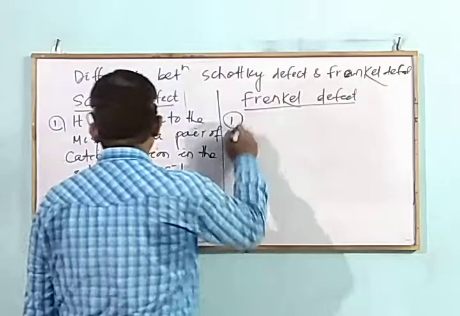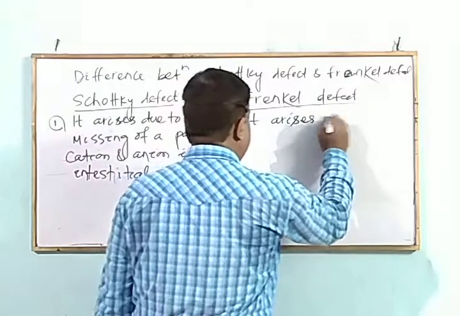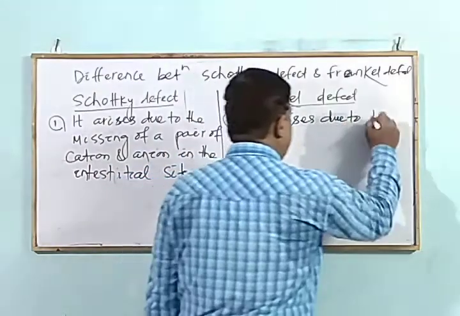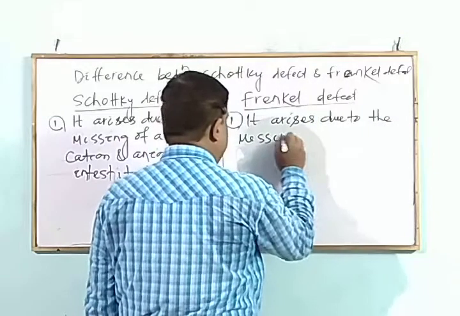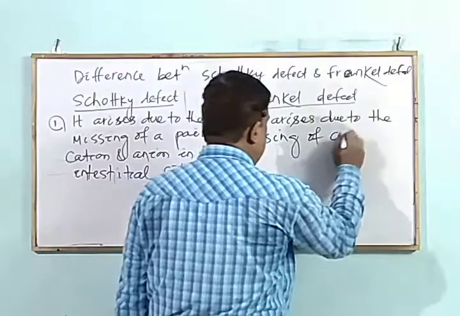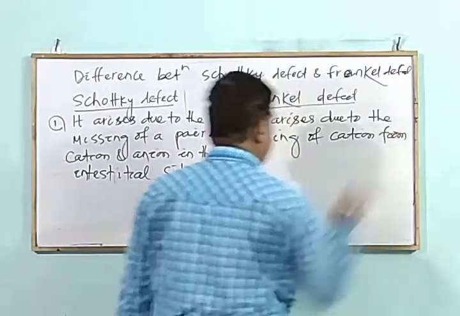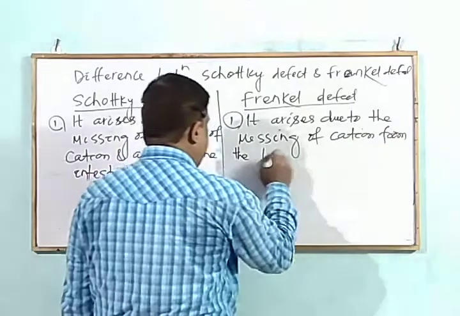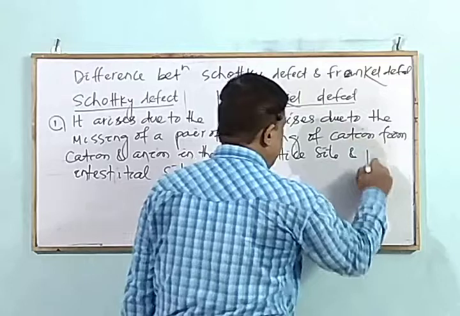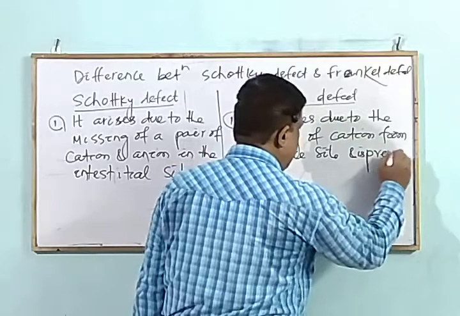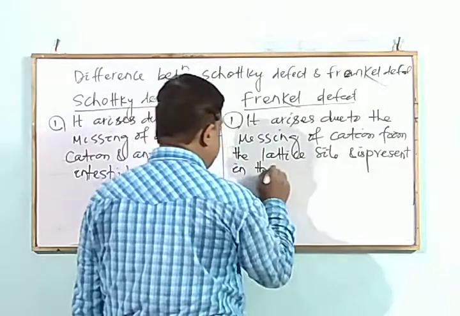Point 1. It arises due to the missing of cation from the lattice site and is present in the interstitial space.